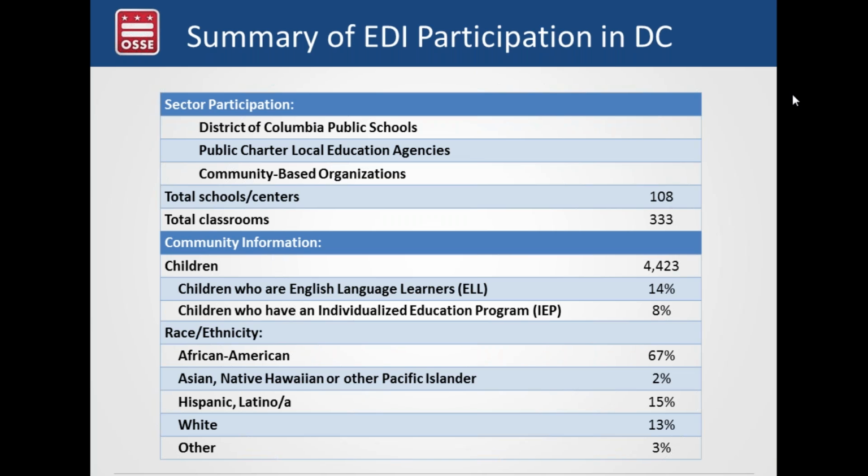But also, even in the clusters where we may have met the minimum threshold, which is a statistical calculation to identify how many schools or centers you would need in a given cluster, I know that OSSE and UCLA feel strongly that it's important to do more than the minimum, because the more schools that you can get to participate, the stronger the data, the more reliable the data, particularly because the idea with the EDI is to do this once every 3 years so that you could monitor population change over time.